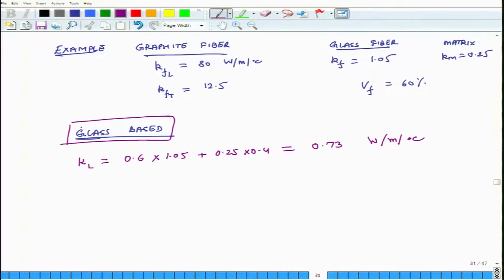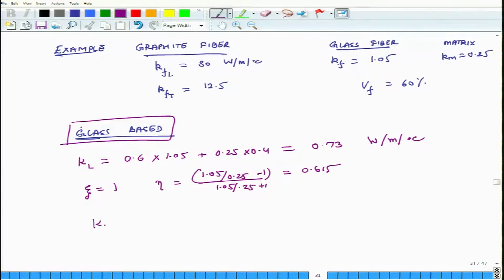To compute Kt, the transverse conductivity, zeta equals 1, eta equals 1.05 by 0.25 minus 1 divided by 1.05 by 0.25 plus 1, which is equal to 0.615.